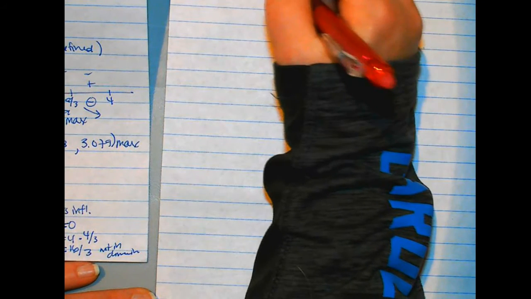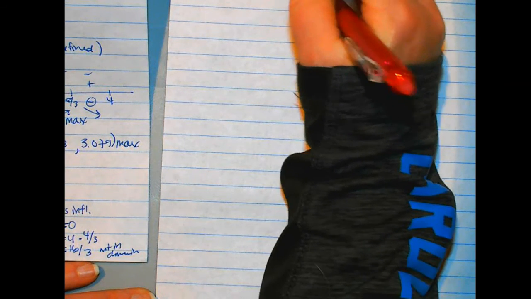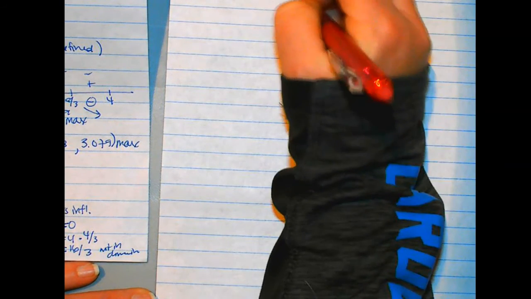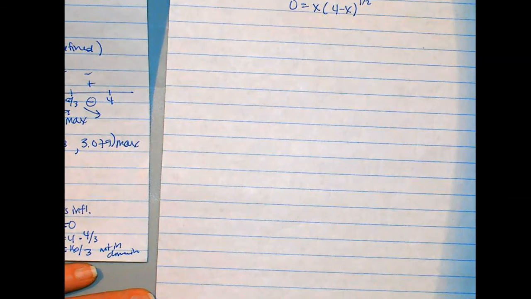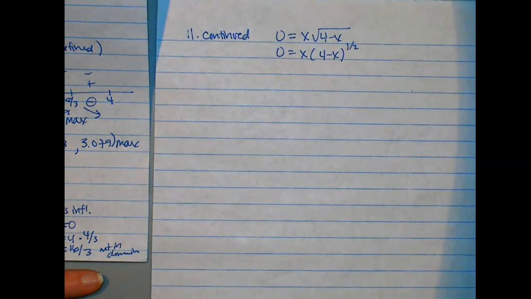So if we plug in 0 for y, and then we say 0 equals x times 4 minus x to the 1/2, it looks factored like this, and you can solve for it. So do we have any x-intercepts? 0 and 4.